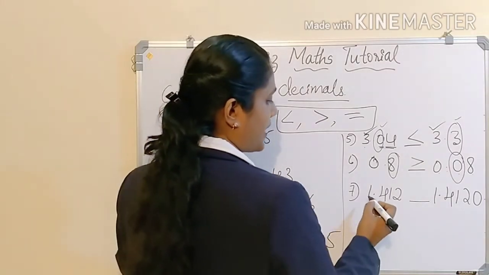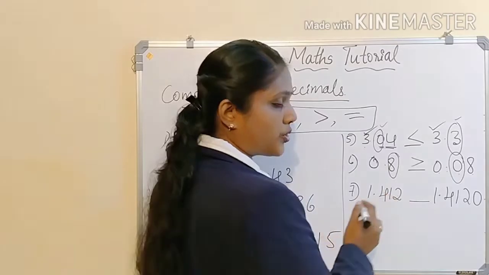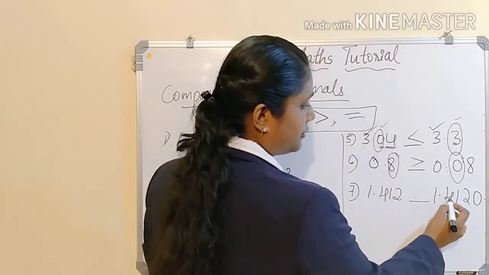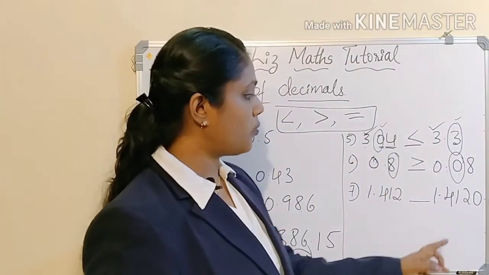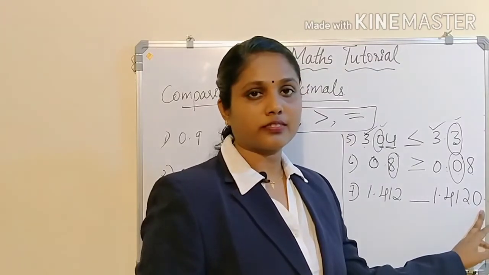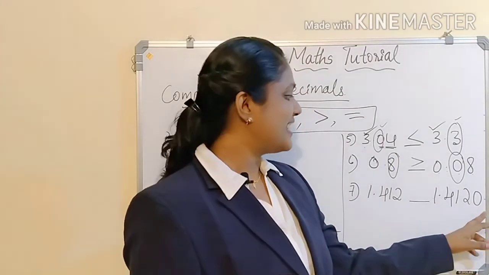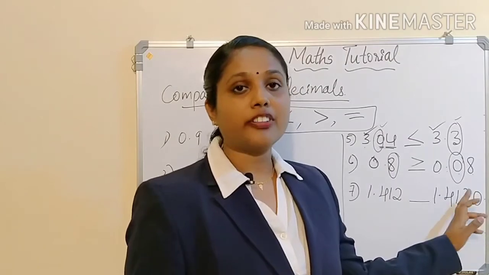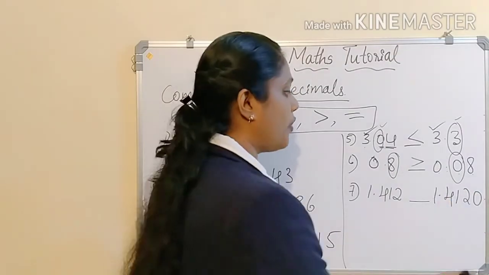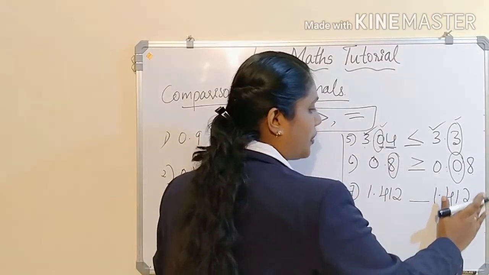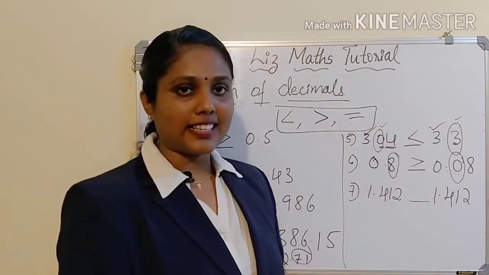So now come to this point. Here can you see 1.412. Here also 1.412. And here 0 is given to make you confused. So here after the number there is a 0. There is no value for that 0. So you need not take it into consideration.